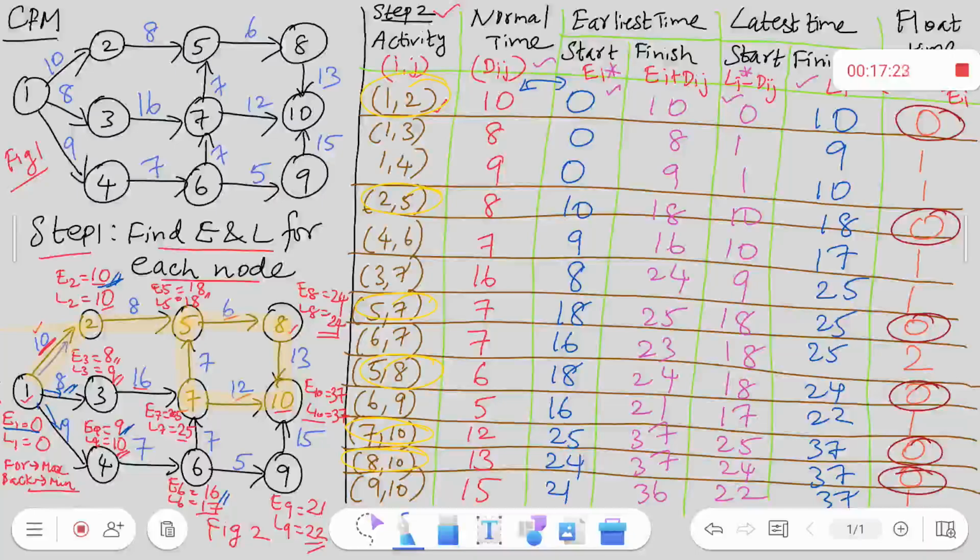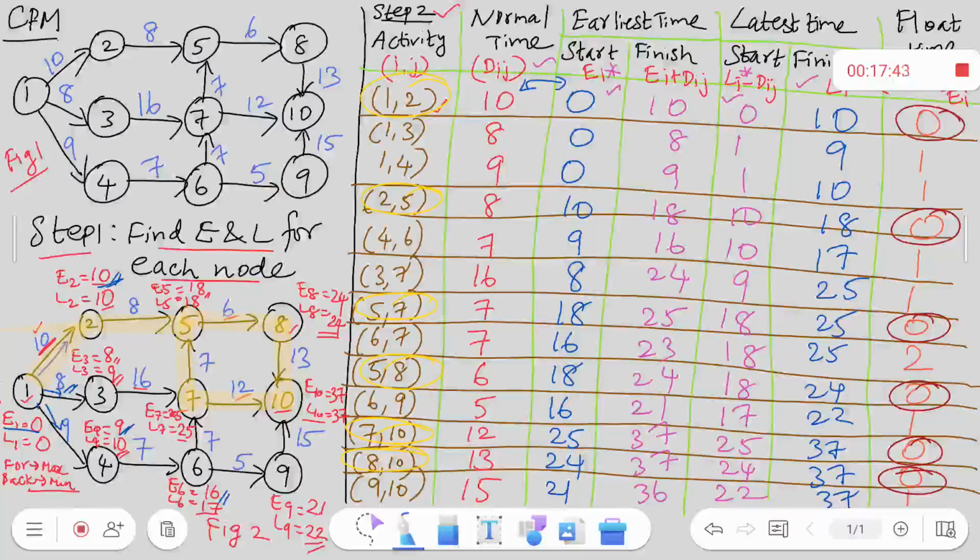Now as you can see from the network, there are 2 paths available. One is 1, 2, 5, 8, 10, and the other path is 1, 2, 5, 7, 10. So for this particular network, there are 2 critical paths available.